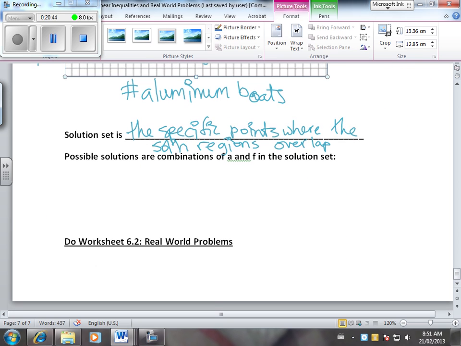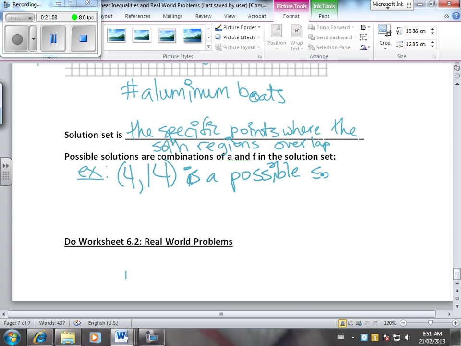So let's see, 4, 14 as a solution. So 4, 14 is a possible solution. And let's verify that.